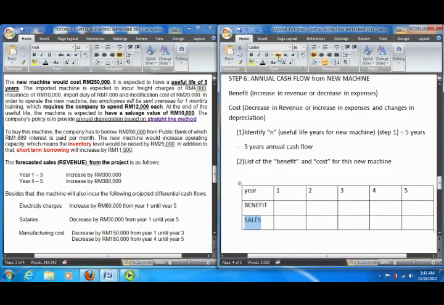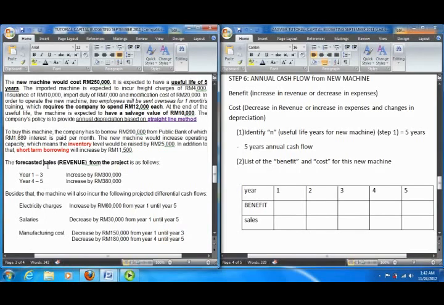As I told you class, remember, you need to know what is benefit, what is cost. Benefit is anything that relates to your revenue or expenses. The same goes for your cost. The difference is, for benefit, sales increase and expenses decrease; for cost, revenue decreases, expenses increase, and changes in depreciation.